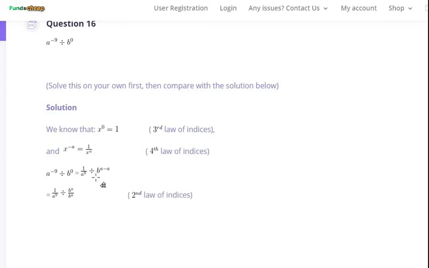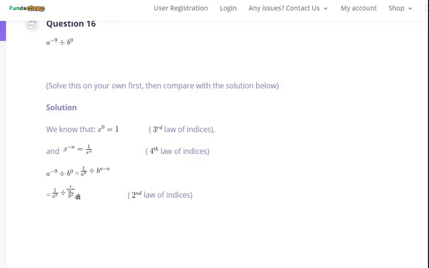What that simply means is this. As you know from the laws of indices, if the exponent is a subtraction, b raised to power a minus a simply equals b raised to power a divided by b raised to power a, and this is what we have right here.